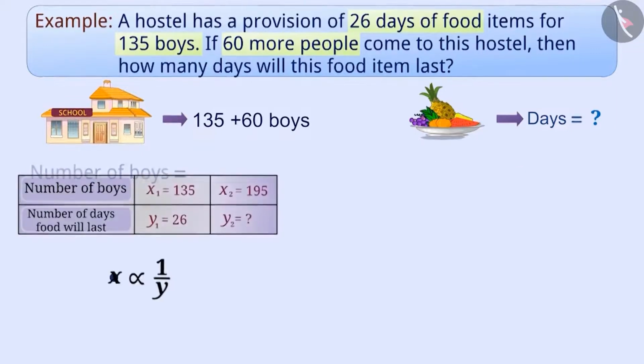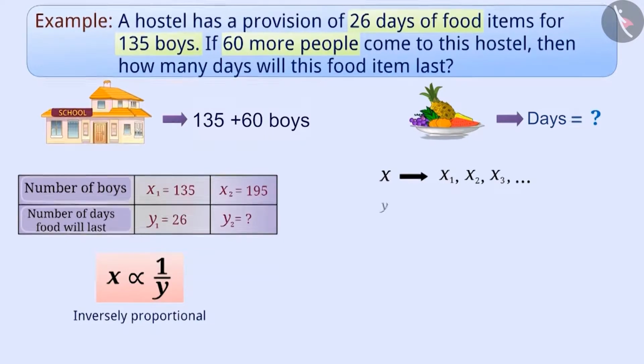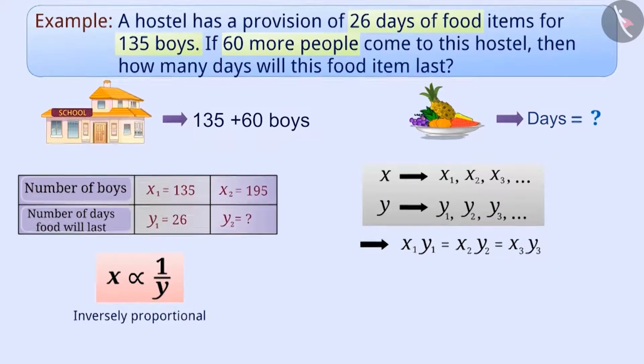If X is proportional to 1 by Y, then the values of X are X1, X2, X3, etc. and the corresponding Y values are Y1, Y2, Y3, etc. Respectively, X1 Y1 is equal to X2 Y2 is equal to X3 Y3 is equal to etc.